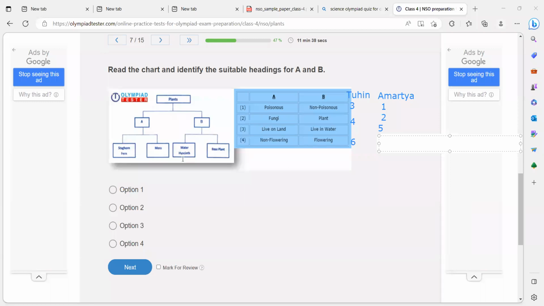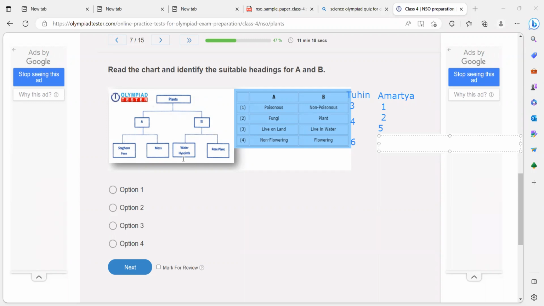Water hyacinth is a type of plant that grows in water. Rose plant is a type of plant that grows on land. And staghorn fern and moss both grow on land. Now you have to find out the suitable heading.